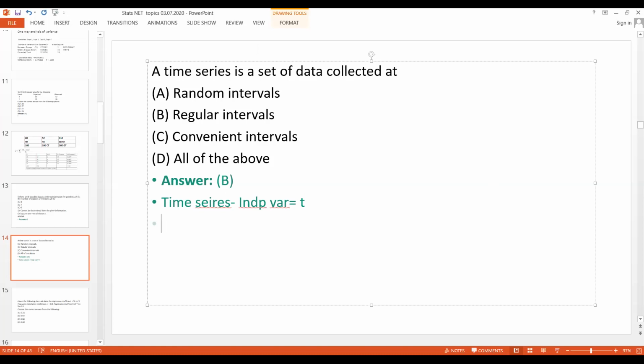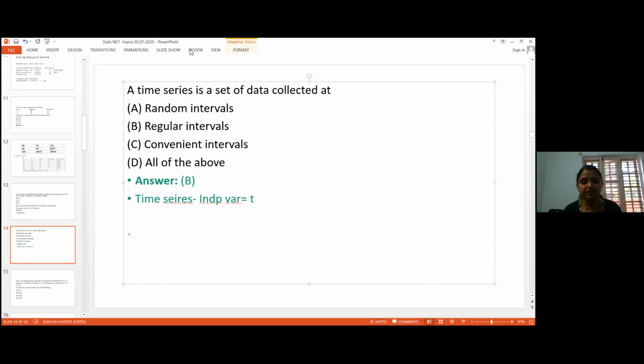Now the other points that you need to know about a time series are the components of a time series. Since there was a question on time series, we'll just see what the components are. They are called the trend, then seasonal variations, which would repeat within a span of a year. In 12 months' time, or even a lesser span of time, you find those patterns repeat, like more investments for tax saving.